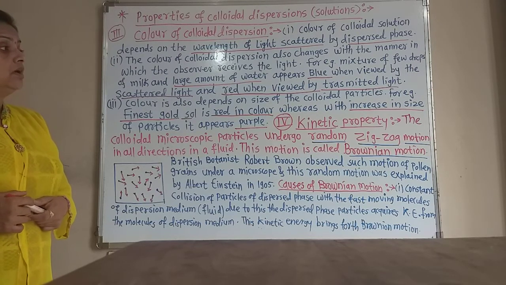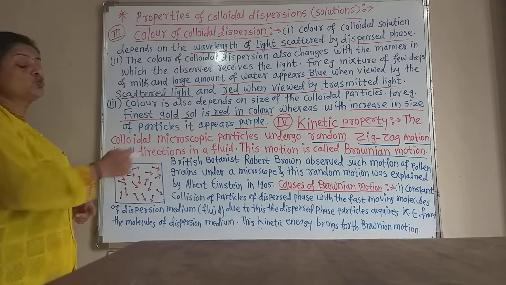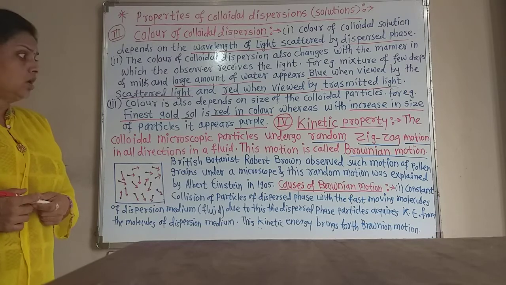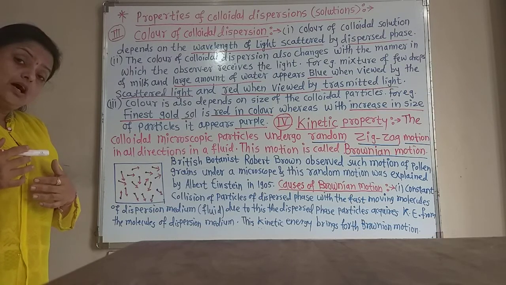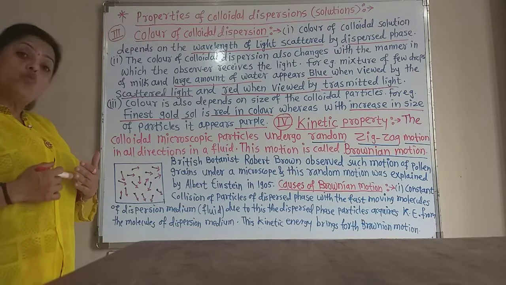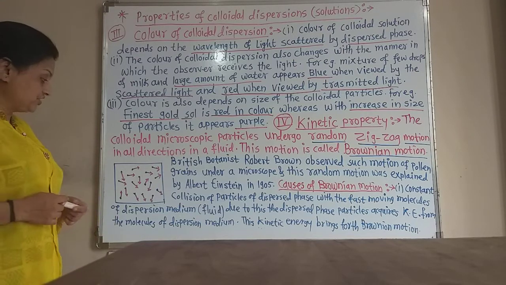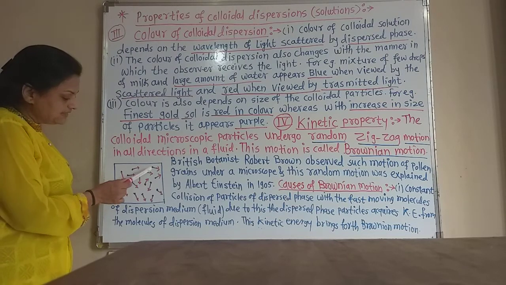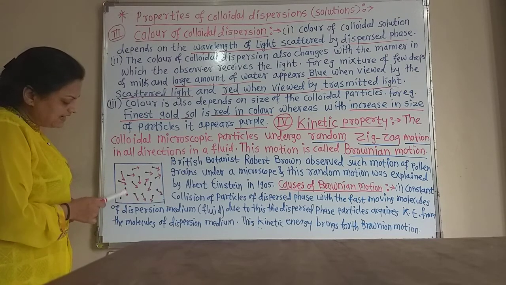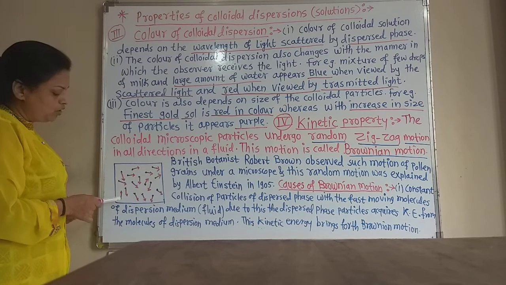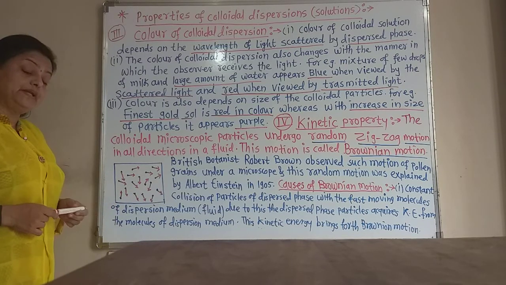learn. Any colloidal microscopic particle is always under random zigzag motion in all directions, as shown in the figure. Now see here, these blue particles are there and they are always in a zigzag manner, but they randomly go from one place to another place.